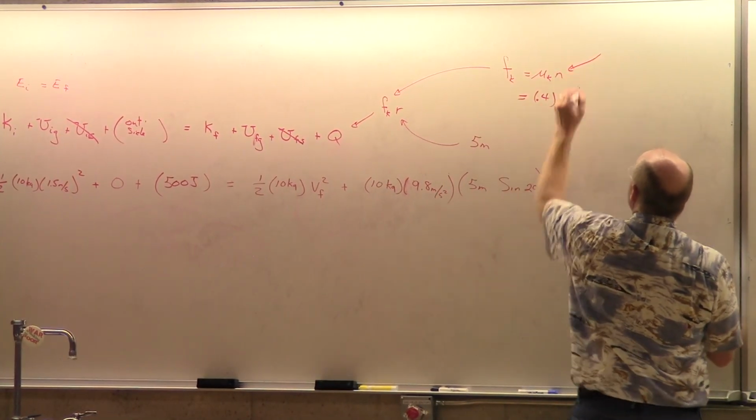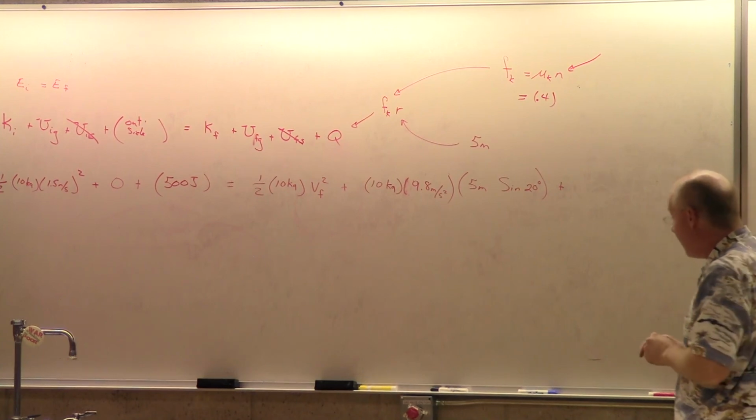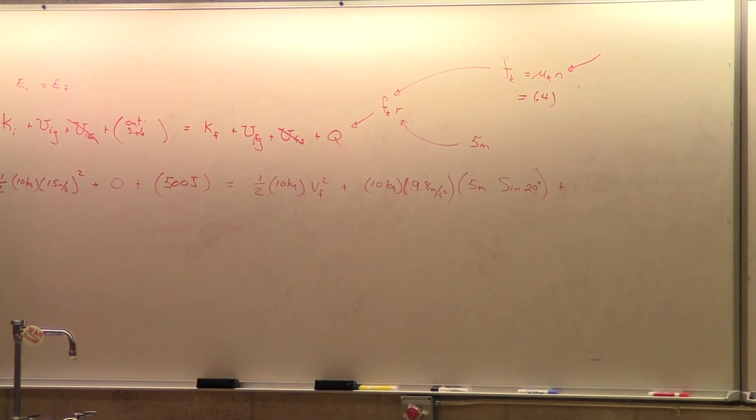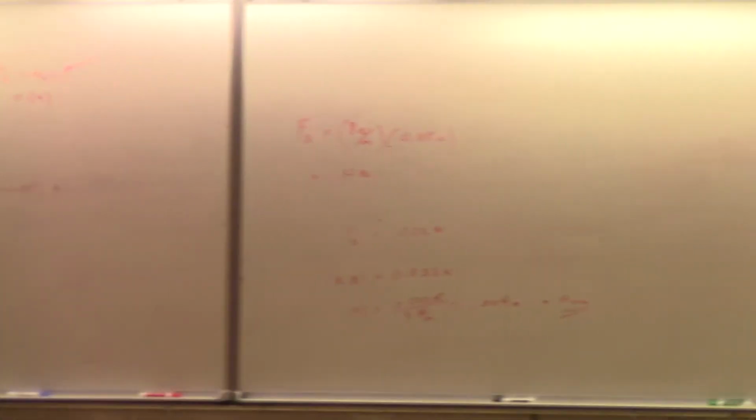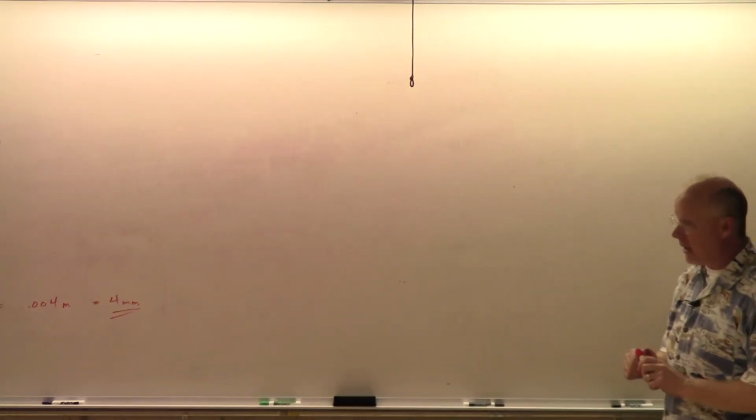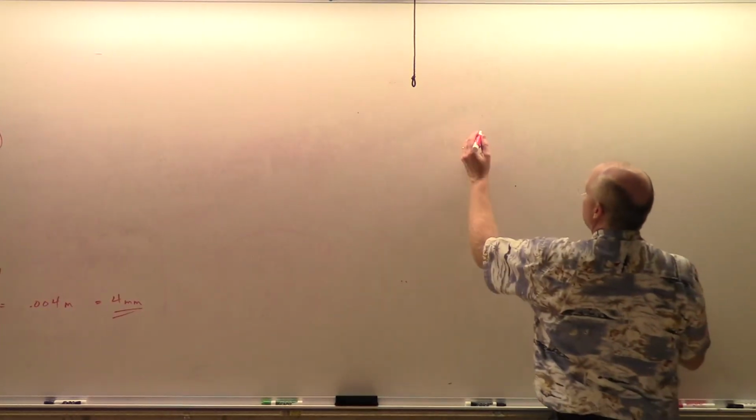But it's the normal force. It's going to take me back to chapter 5 and drawing a free body diagram. So maybe I'll do that over here and ask, what is the normal force? Does the normal force always equal mg? No, and I don't think it does in this case.